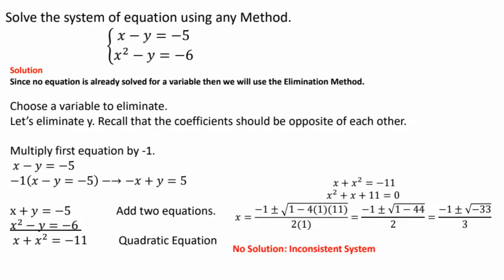And we try to see if we can factor it. If we can't factor it, let's go ahead and use our quadratic equation. Again, my values here are a is 1, b is 1, and c is 11. When I plug them in, I see that my square root is going to have a negative value in here.